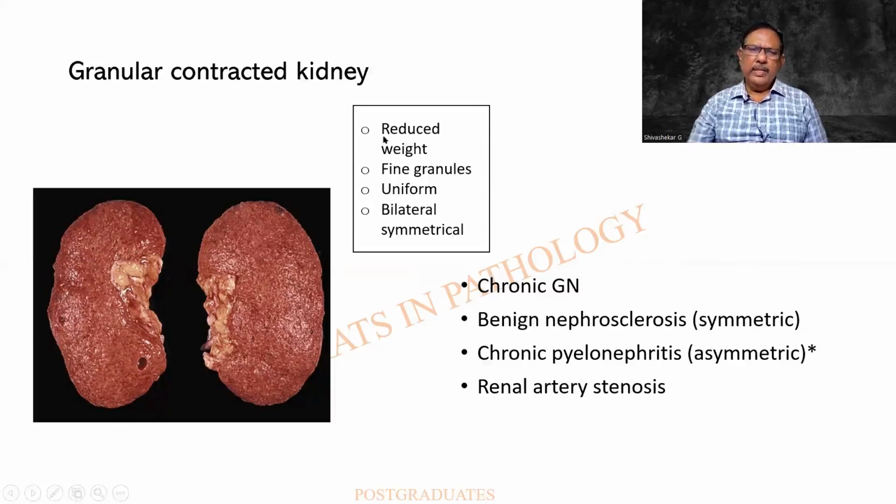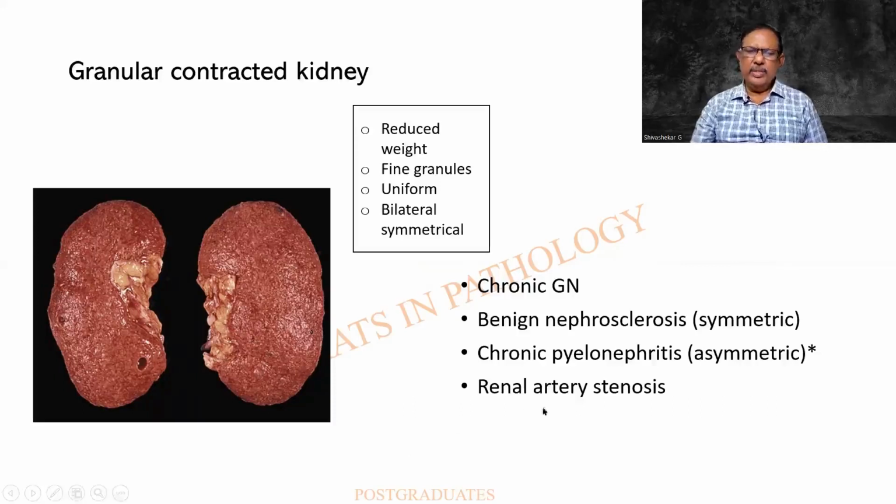So, obviously, there is a reduction in the weight, fine granules, uniform, bilateral and symmetrical. This can occur in some conditions which are immunological. For example, nephrosclerosis or a chronic glomerulonephritis. Mostly glomerular diseases are all immunological disorders. And so, both the kidneys are being equally affected by means of the antigen-antibody reactions.